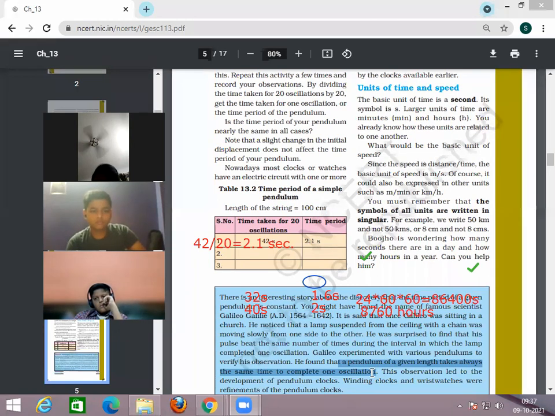So it will take the same time to complete each oscillation. 20 seconds it will take to complete the oscillation. So this is a very, very important concept of the pendulum. And after the development of the pendulum, pendulum clocks were developed. And the winding clocks, now the wristwatches, they all are based on pendulum clocks. So this is a wonderful discovery done by Galileo.